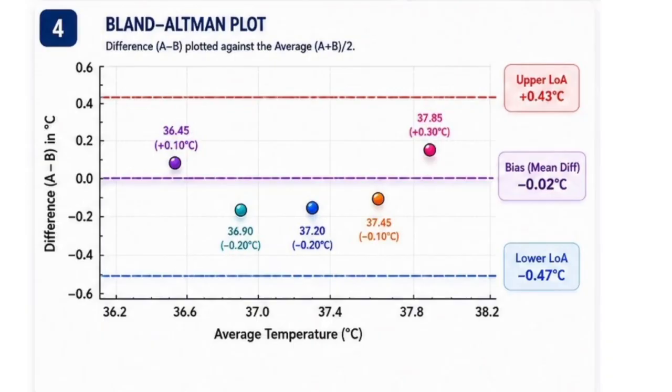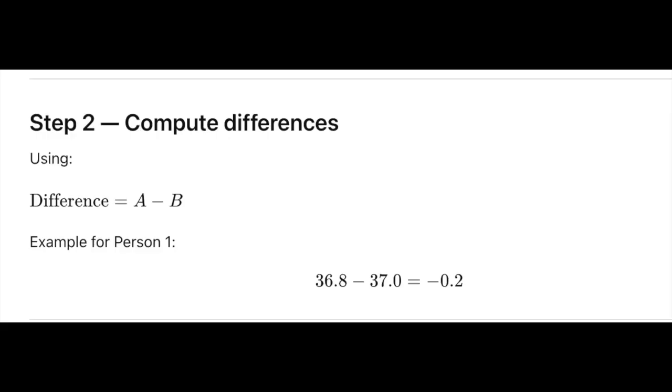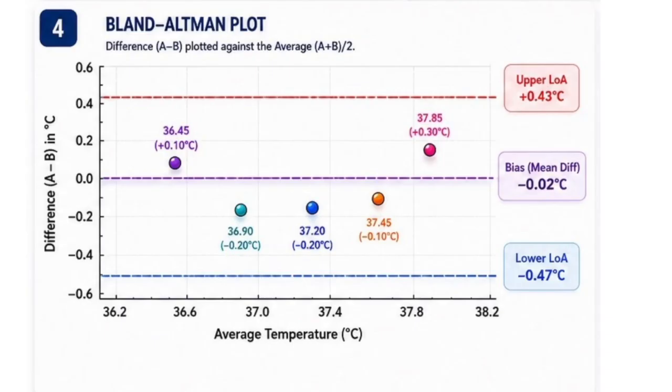The Bland-Altman test or method plots the difference between your two measurements, method A minus method B, on the y-axis against the mean of the two measurements on the x-axis for each subject. Are we on the same page?